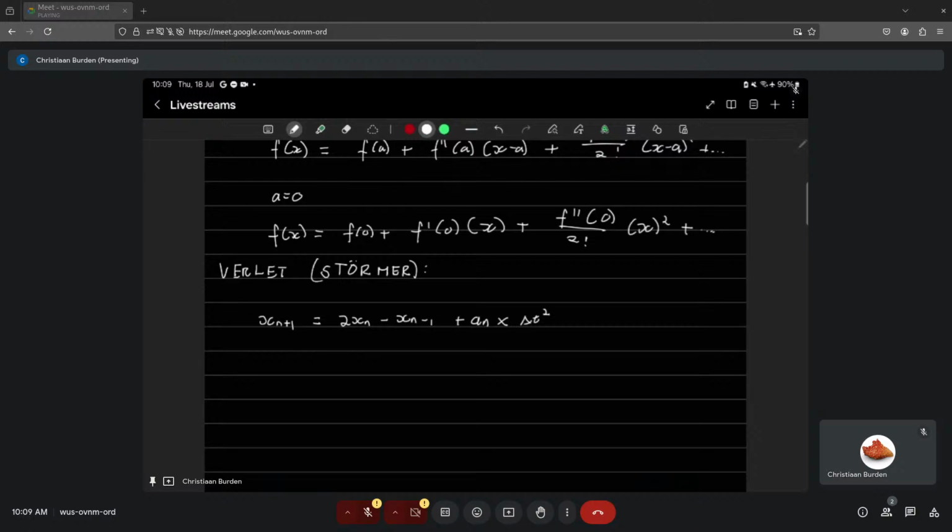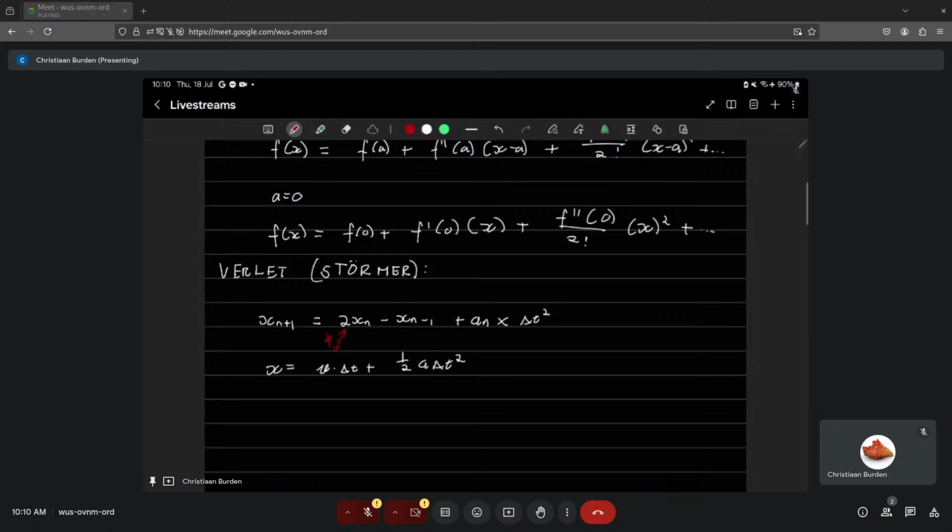Now this doesn't make sense completely if you just take a look at it and don't really inspect it, because we are taught in school that x is equal to v times delta t plus a half a delta t squared. So obviously these are not equal to each other.